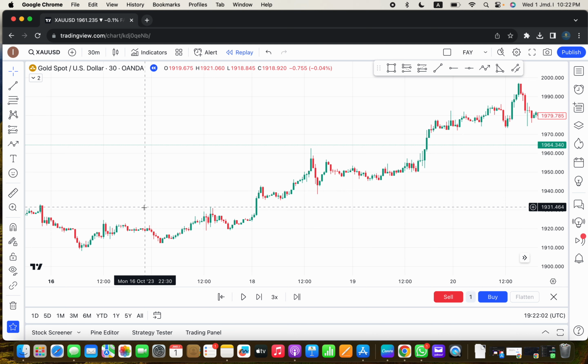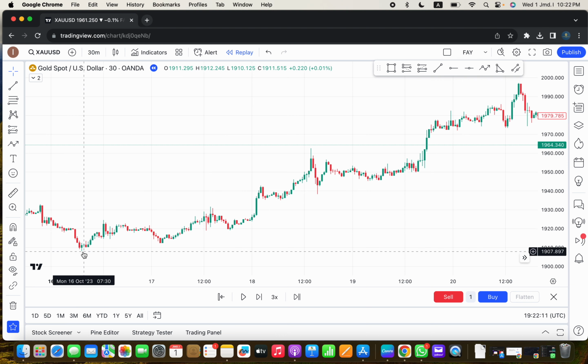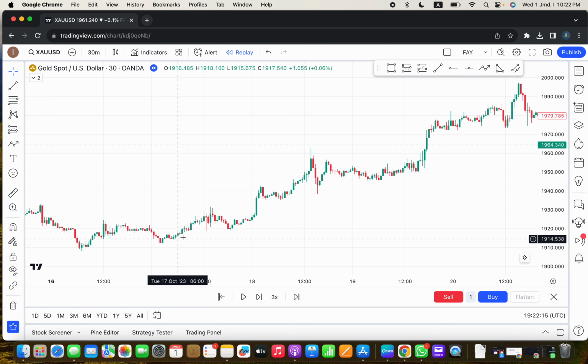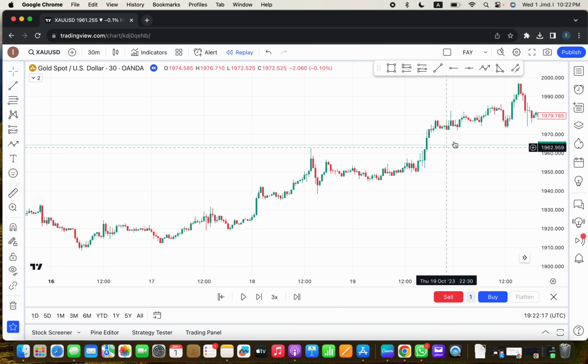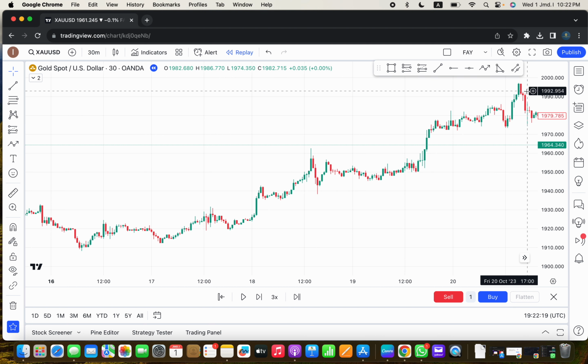How do we determine this? It is better to look for this when there is a change of structure. Change of structure means, for example, reading from left to right here, this market is a trending market and is trending upward.